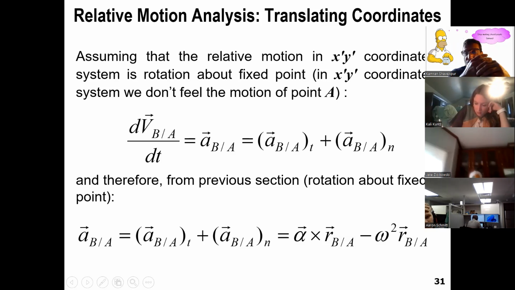Because the relative motion of B with respect to A looks like rotation. Any question?